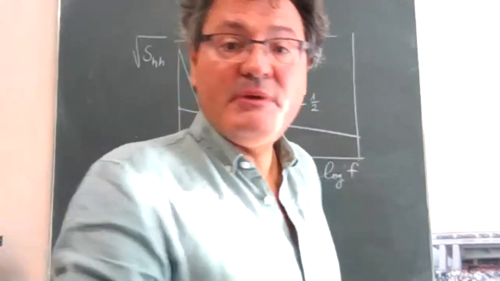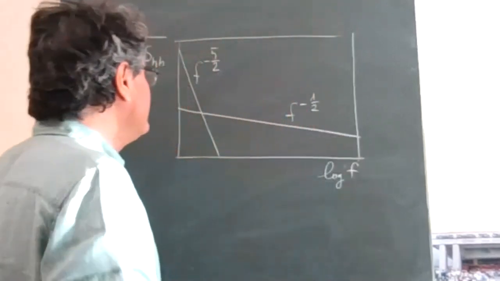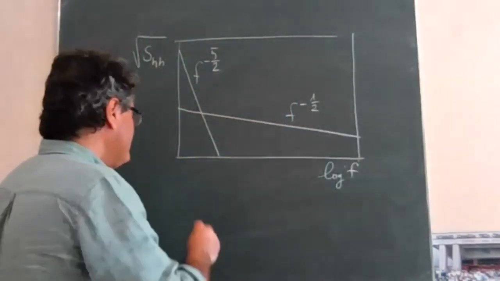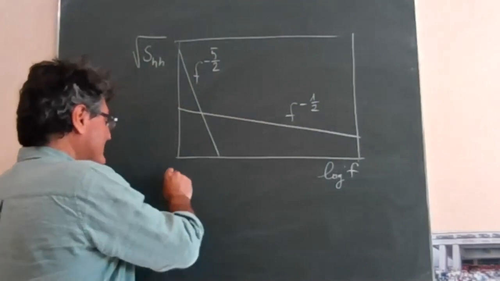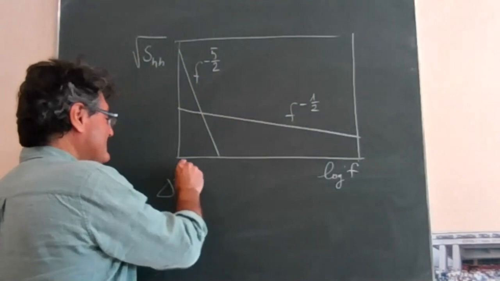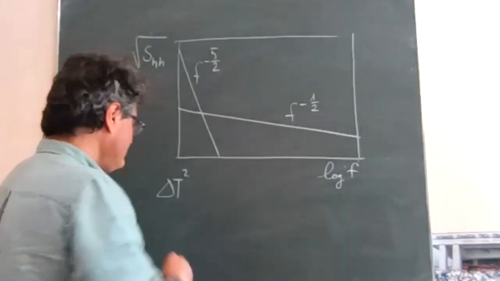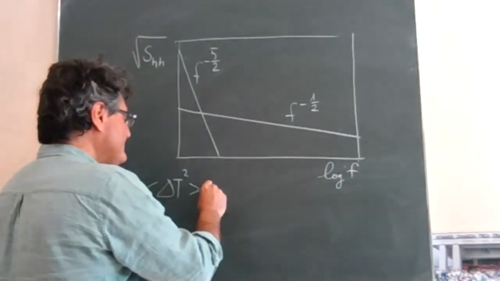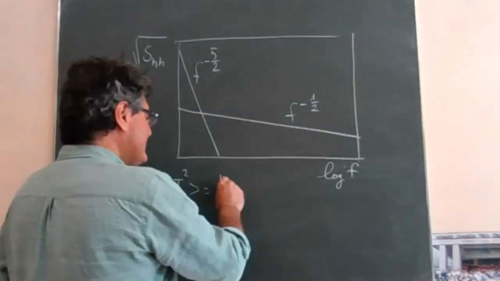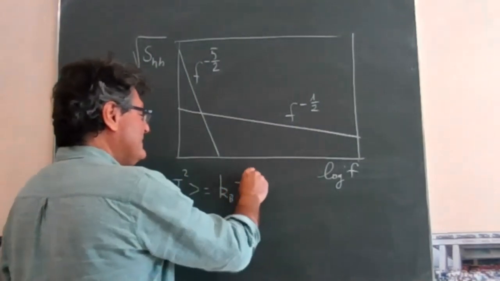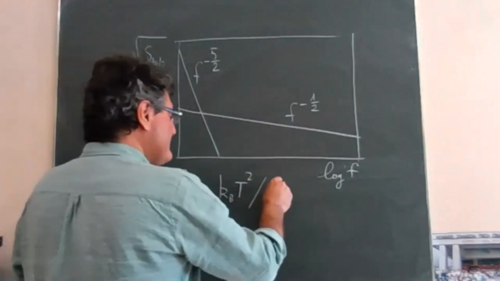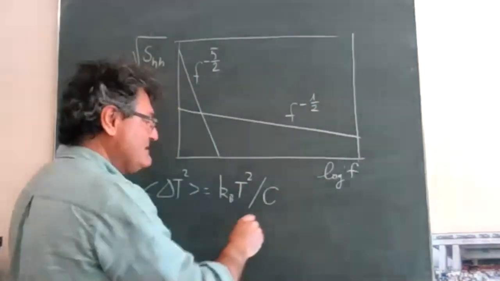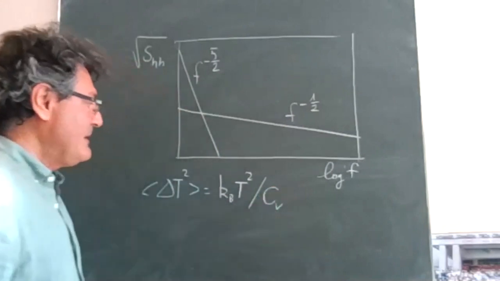So I'm going to copy the two results that we have seen. Delta T squared, on average, is k Boltzmann T squared divided by the heat capacity at constant volume.